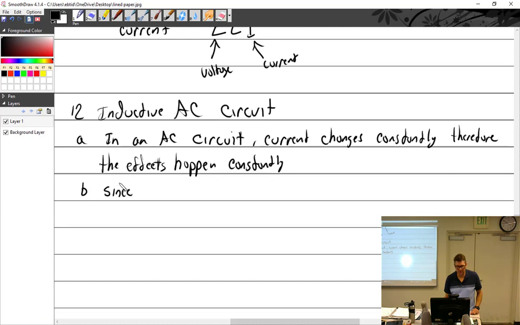And since, and we know this, the counter EMF, CEMF, happens, I should say the greatest CEMF happens in an AC circuit, right?